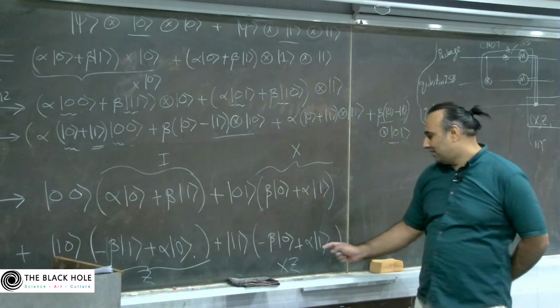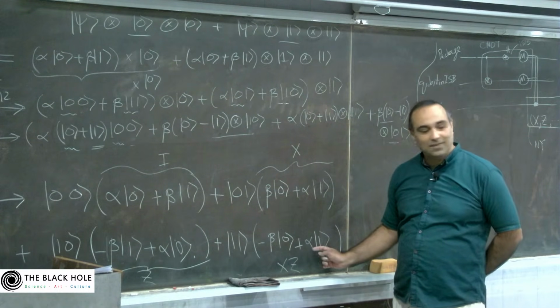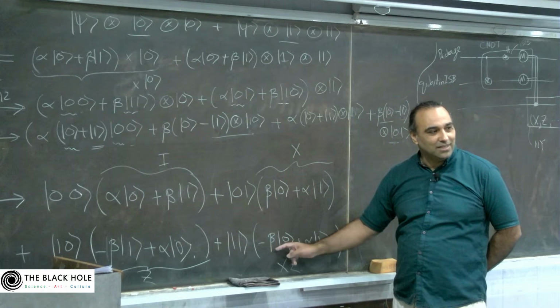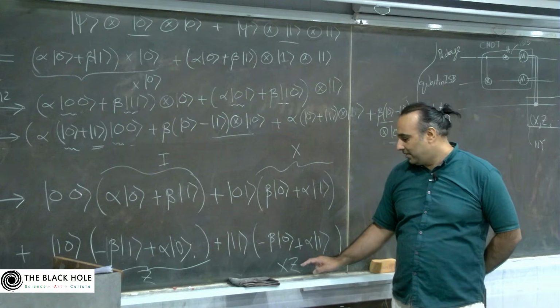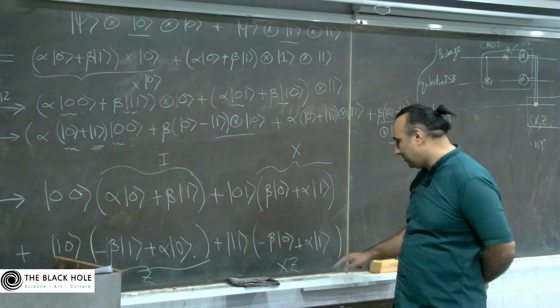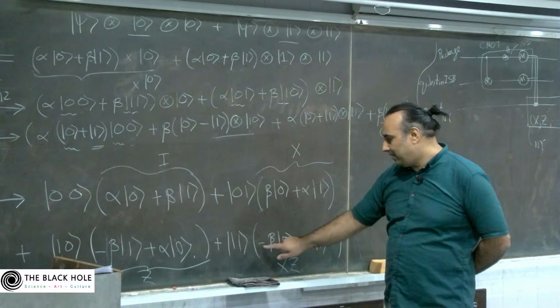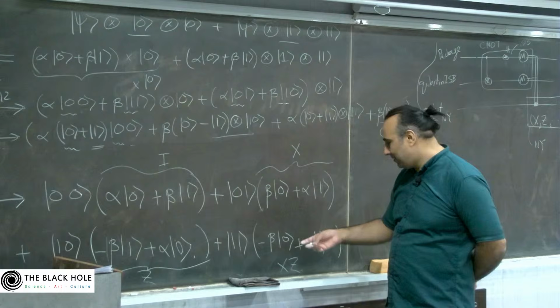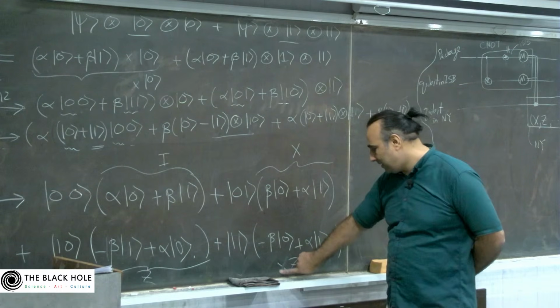So they perform X and they get alpha 0 minus beta 1, and then there is a sign difference as well. Sign doesn't matter, but let's make it exactly the same.